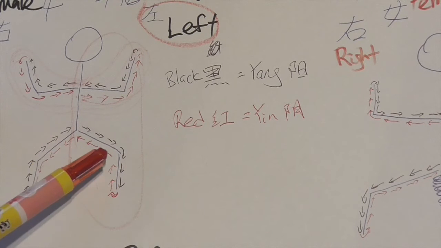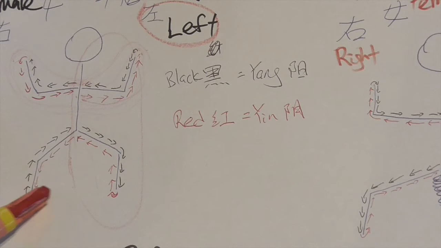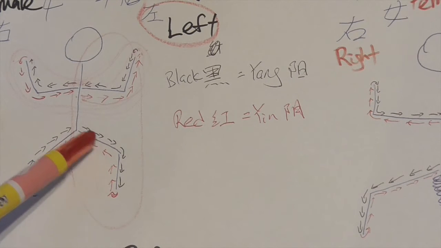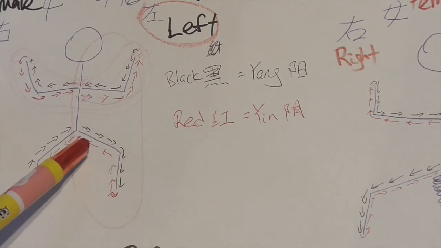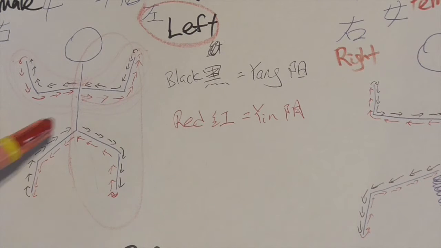You see, so on the opposite side, the direction is opposite than the left side. So the right side is yin meridian from the trunk down to the feet, down to the foot, and the yang meridian from the foot up to the trunks.